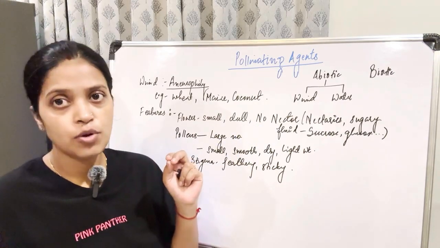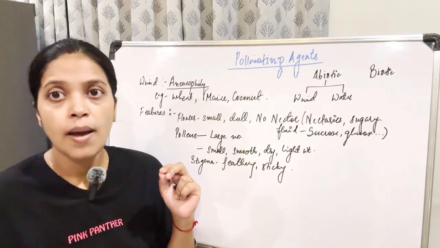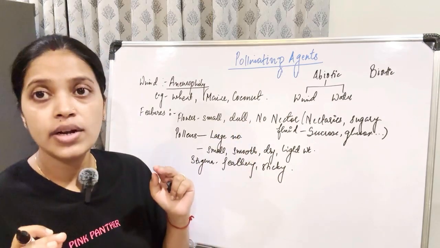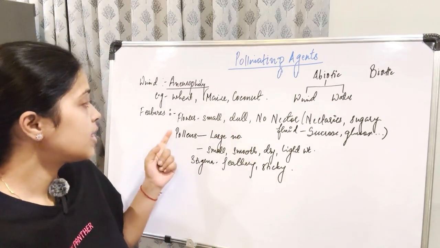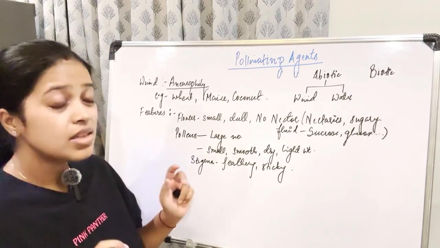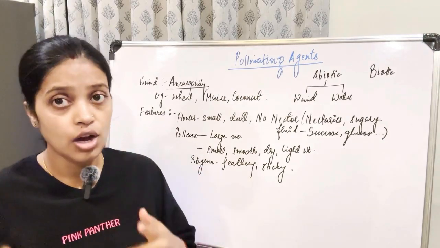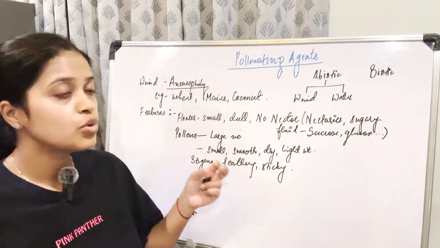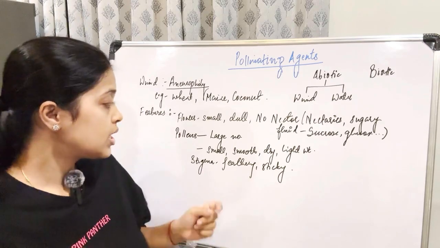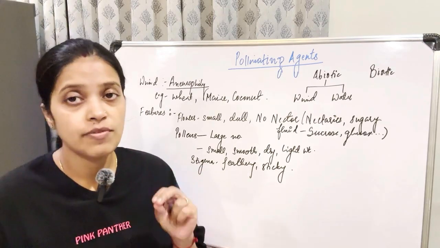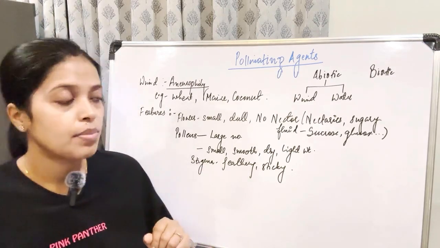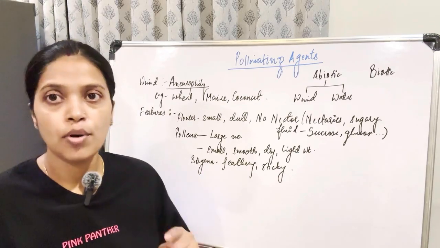It is generally a reward provided by the flower to the pollinator, but here it is not needed, it is not synthesized by the flower. Second, the pollen is synthesized in large number, and is small, smooth, dry and lightweight, and the stigma has to be feathery or sticky to bring about the process of pollination.